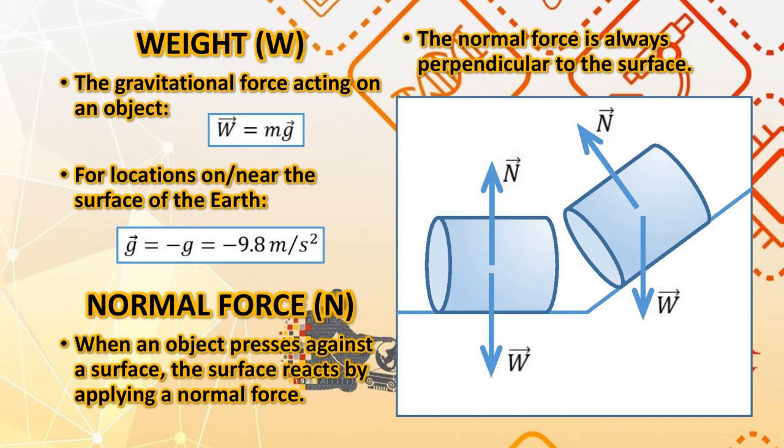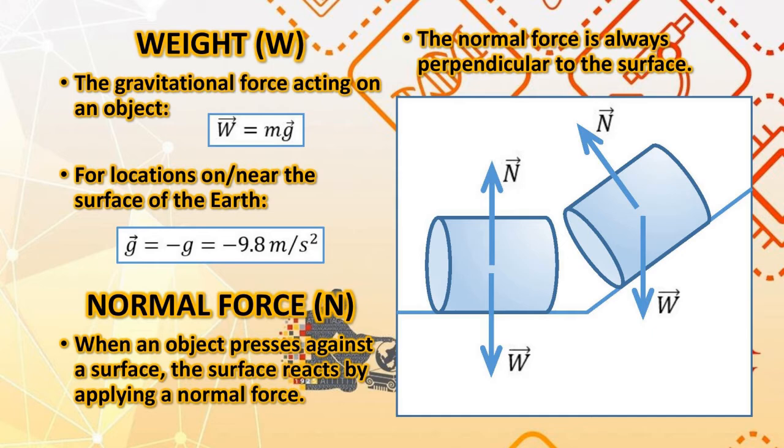So magnitude of g is 9.8 meters per second squared. As long as the object is on Earth and the object has mass, the object has weight. Weight is equal to mg.